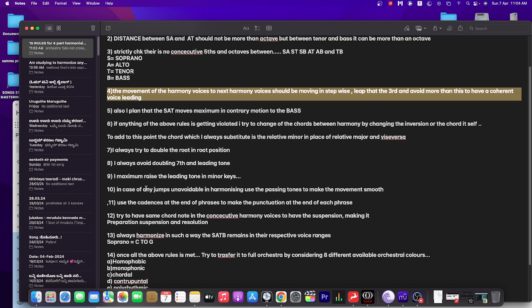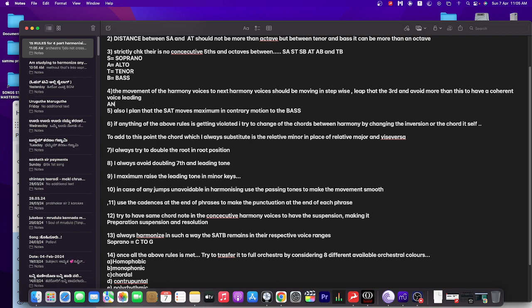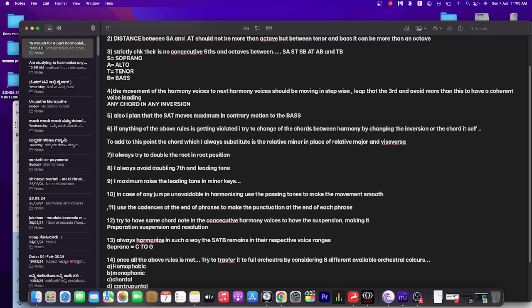It doesn't become a chord note, but the coherence in the movement, the smoothing, will be nice. So a passing note should come in that critical situation. And also by planning the passing notes well for the melodic line, it adds to the quality and depth of the harmony. That is the fourth point. The fourth point says you can use any chord in any inversion, so that it moves stepwise.